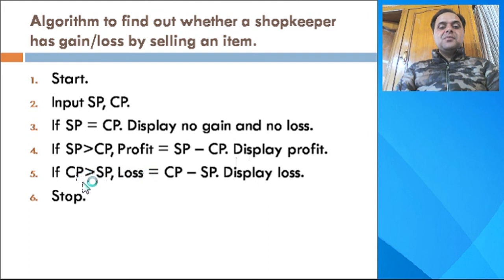The next condition is if cost price is greater than selling price: we sold the item at a lower price than we purchased it, so that is a loss, and loss is cost price minus selling price. We display that loss, and then stop. This is how we can write an algorithm for finding whether a shopkeeper has a gain or loss by selling an item. So this is the step-by-step procedure for finding the result of a certain problem. For any problem, you can write down the steps and find the result using those steps.